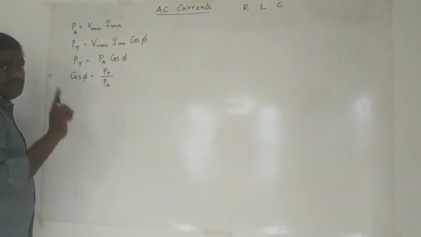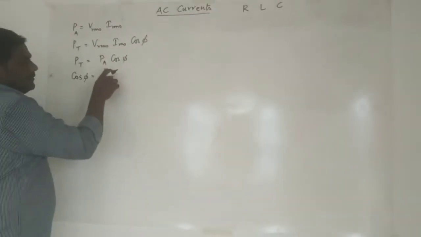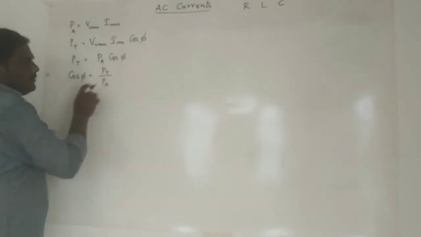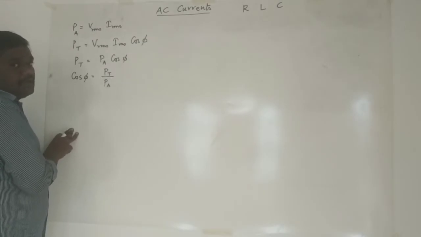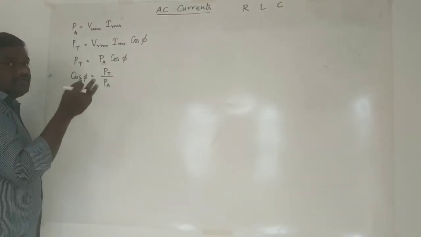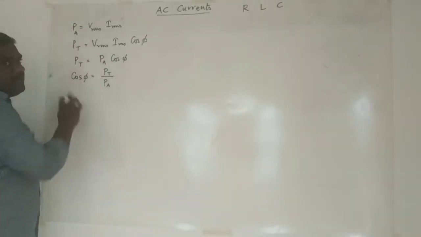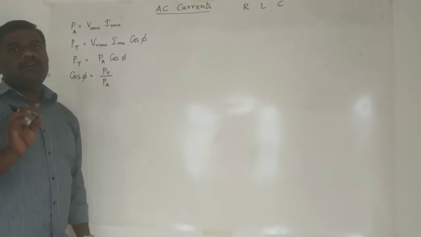What is cos 0? 1. If cos 0 becomes 1, what does it mean? True power is equal to apparent power, meaning resistive circuits will consume the total power you supply. I mean, however much apparent power it gets, that much will be the true power.